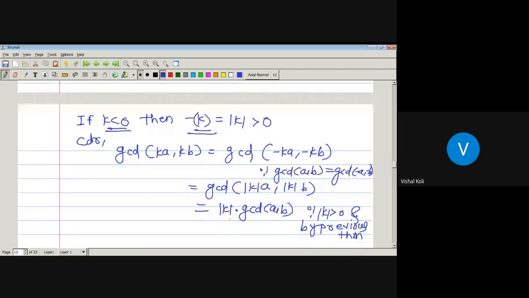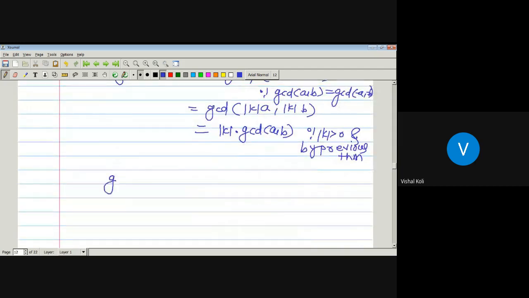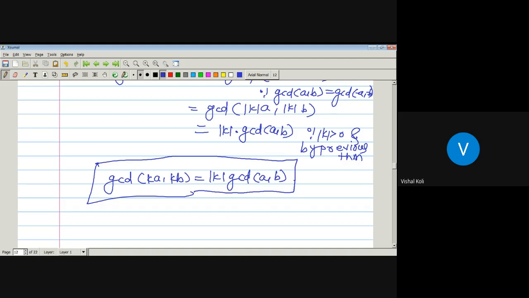So GCD of ka comma kb is equal to modulus of k times GCD of a, b whenever k is any non-zero integer. Hence the proof.